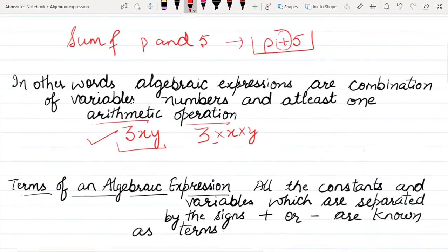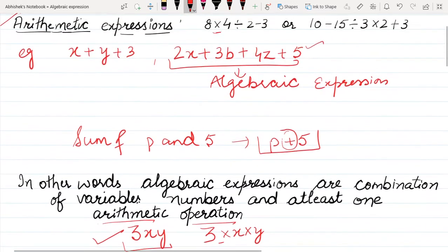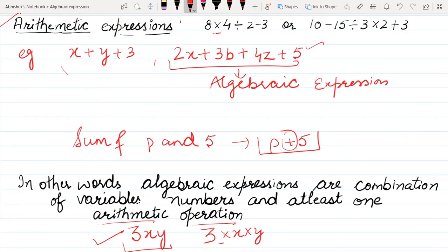Now next is terms of an algebraic expression. All the constants and variables which are separated by the signs plus or minus are known as terms of an algebraic expression. In the previous video we have seen that these are three terms, separated by the plus sign, and in this you can see 4 terms, also separated by the sign plus.